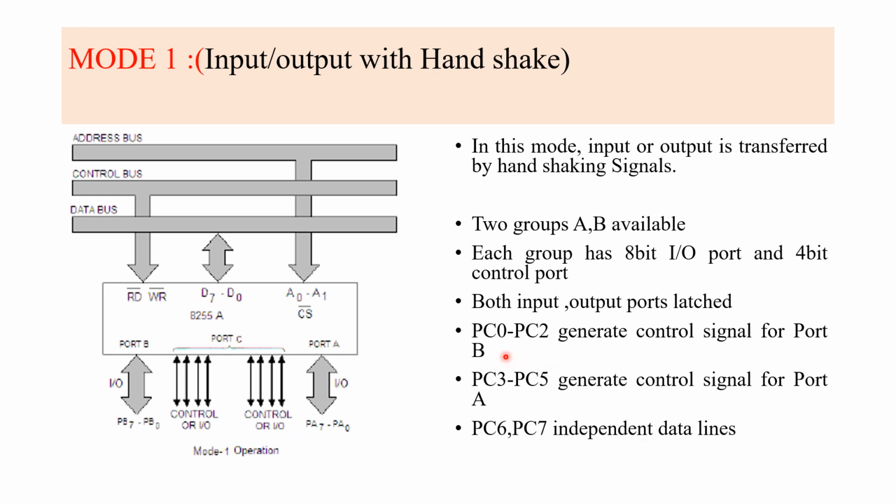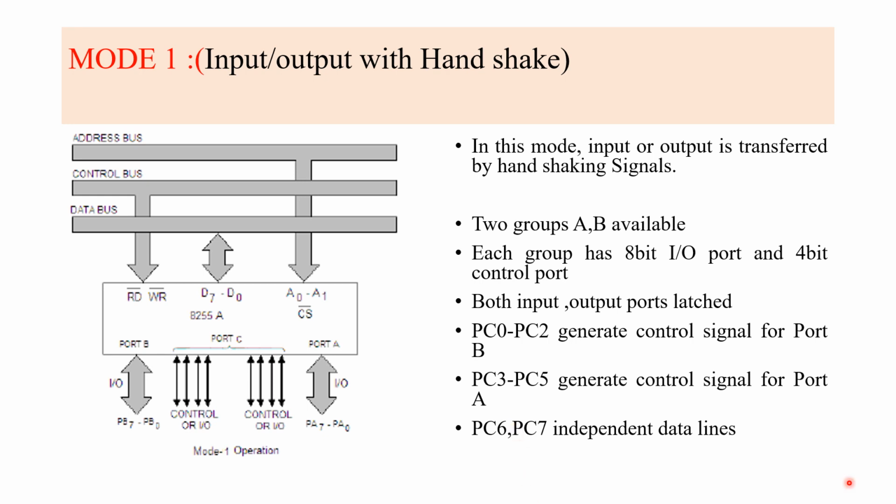PC0 to PC2 generate signals for port B, and PC3 to PC5 generate signals for port A. PC6 and PC7 are independent data lines that can be used.